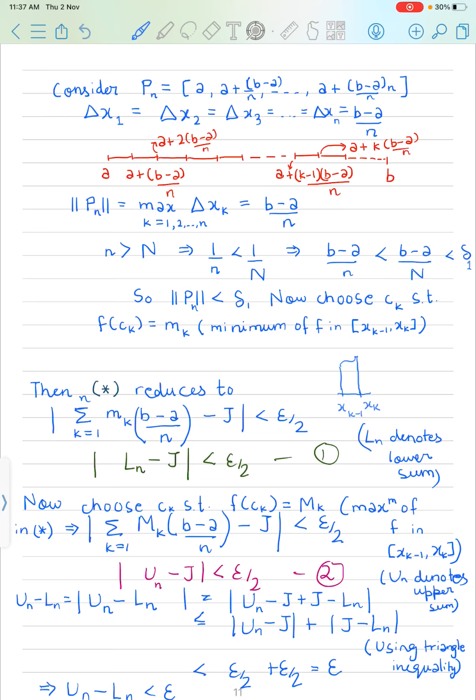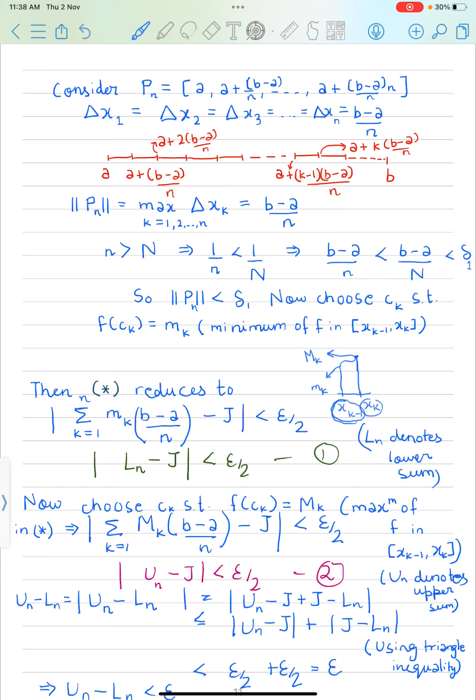The maximum value is of course here, this is my Mk, and where is the minimum value? I think this is my minimum value, and correspondingly this is the x for which it takes mk. This is xk minus 1, and here it is xk.